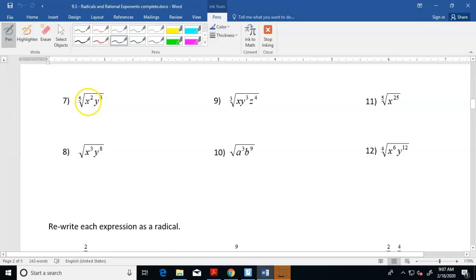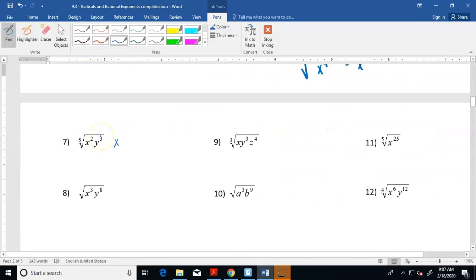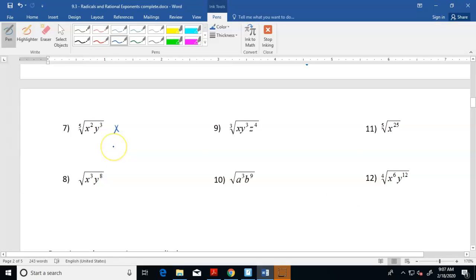Whenever we have two things that are multiplied here, both under the root, we've got to write both of them as fractional exponents. So we would write x to the 2 fifths. The exponent goes on top, the root goes on the bottom, and y to the 3 fifths.